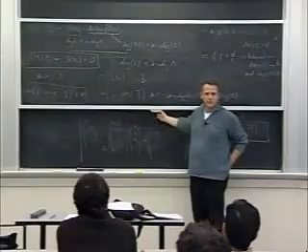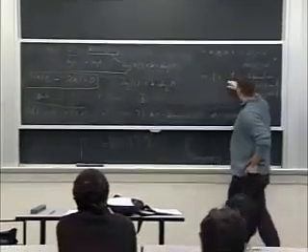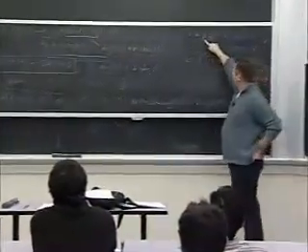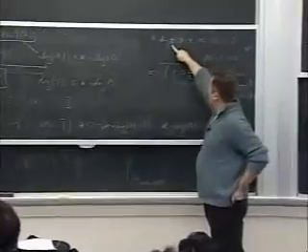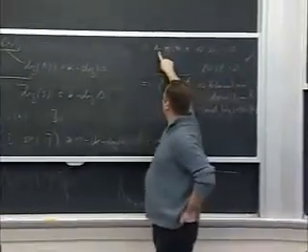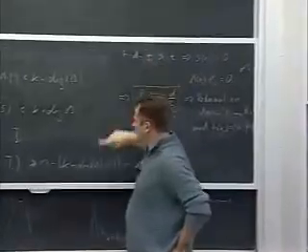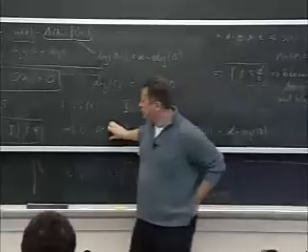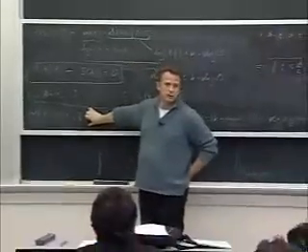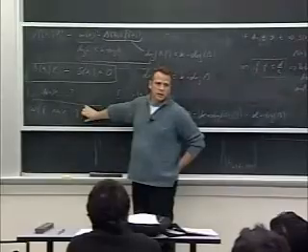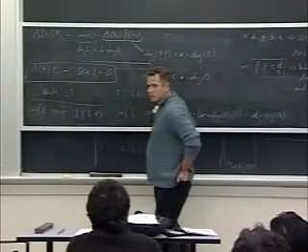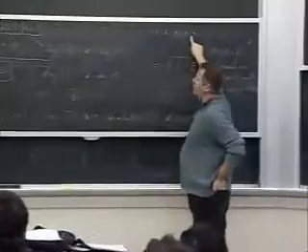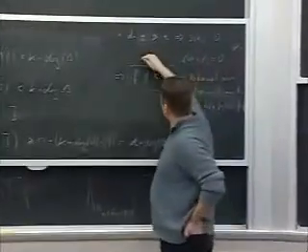And I say if t is less than d over 2, then the weight of this vector would have to be larger than the weight of this, if they are non-zero. If they are non-zero, this would have to be larger than this, because then d minus t would be greater than t. If this is true, this implies this.